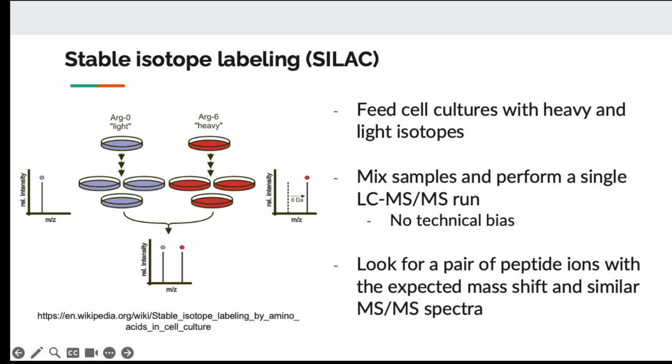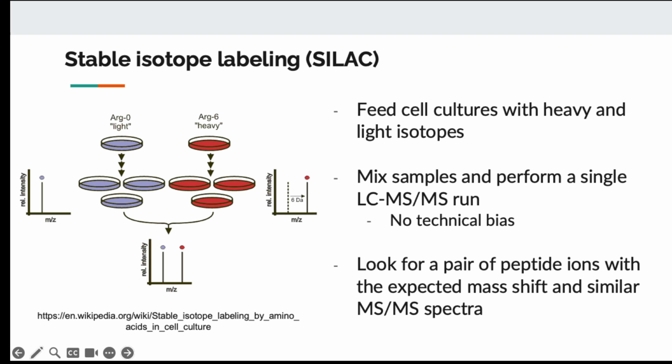So after a long period of culture, when you extract the protein and peptide, all the protein and peptide that have arginine in the treatment condition will be heavier than the same protein and peptide in the control.